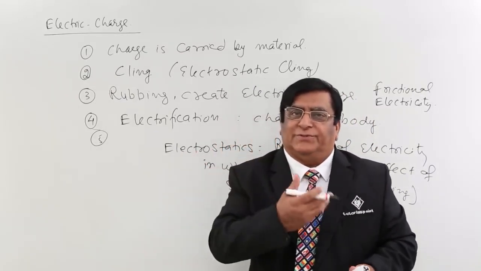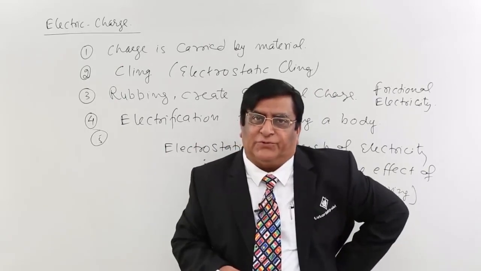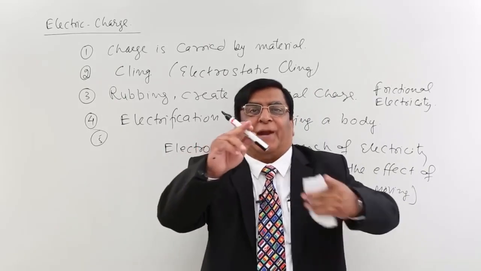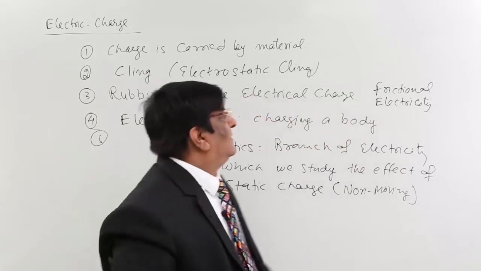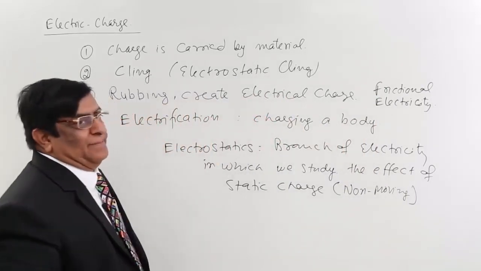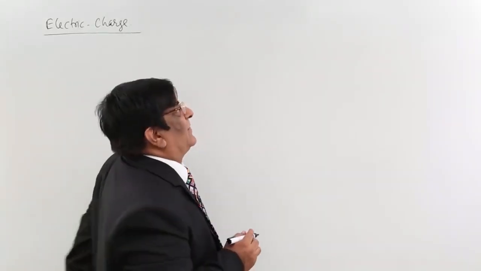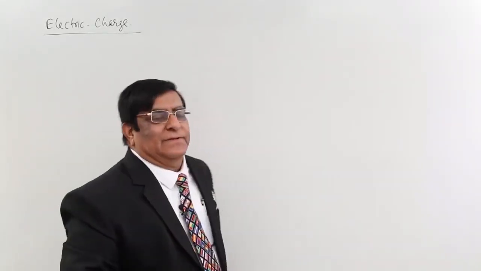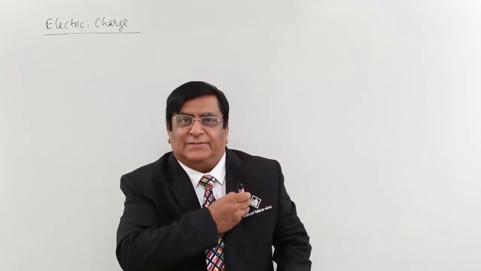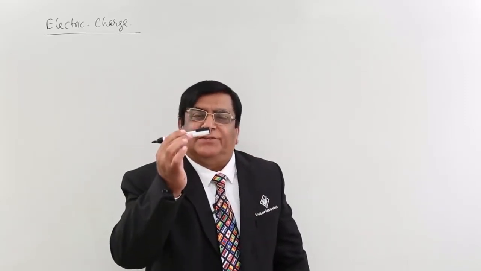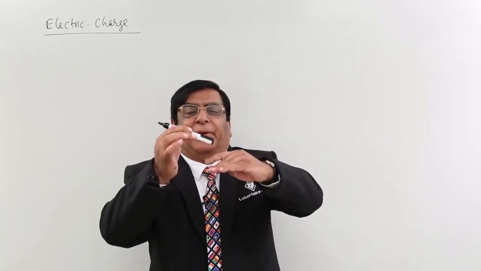Answer, they apply force. Okay, what type of force? We have seen they attract. Okay, if they attract, fine. We have done certain experiments. So electric charge attracts. What we did, we took a glass rod, rubbed it, it got charged. What is the proof? It was attracting the papers.